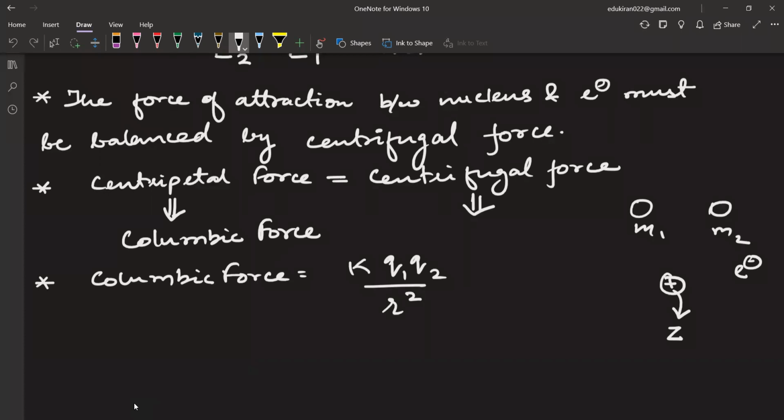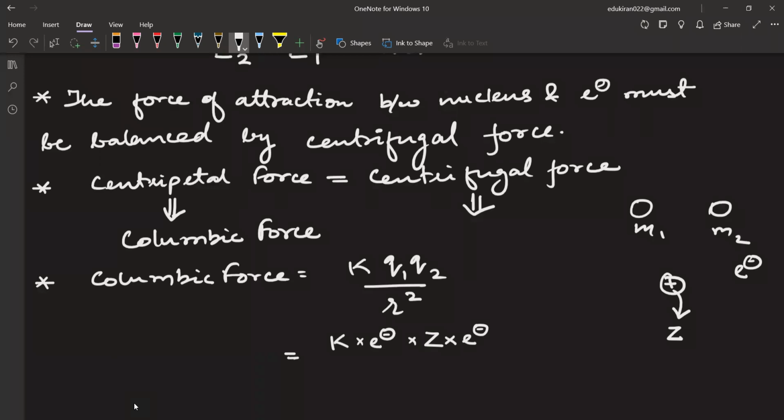Yes or no? Yes. Okay. Now here K, what is Q1? Q1 we take as whatever the charge is on the electron. The charge on the electron into Z into the number of electrons. Okay? Because the charge on one proton is equal to the charge on one electron in magnitude.